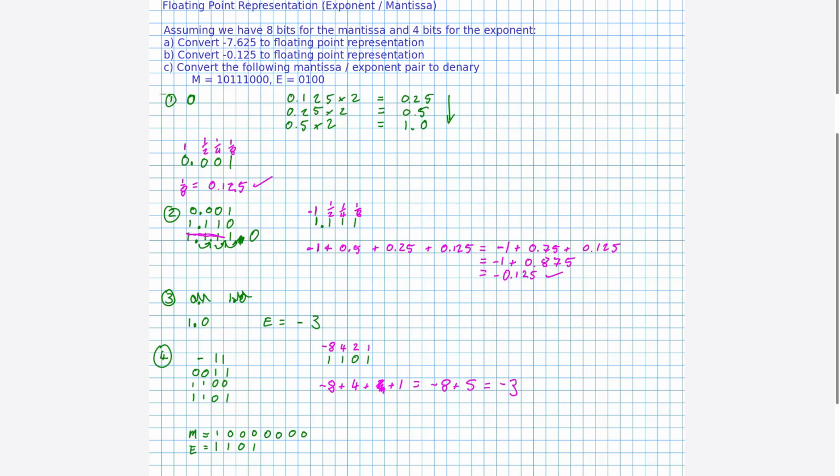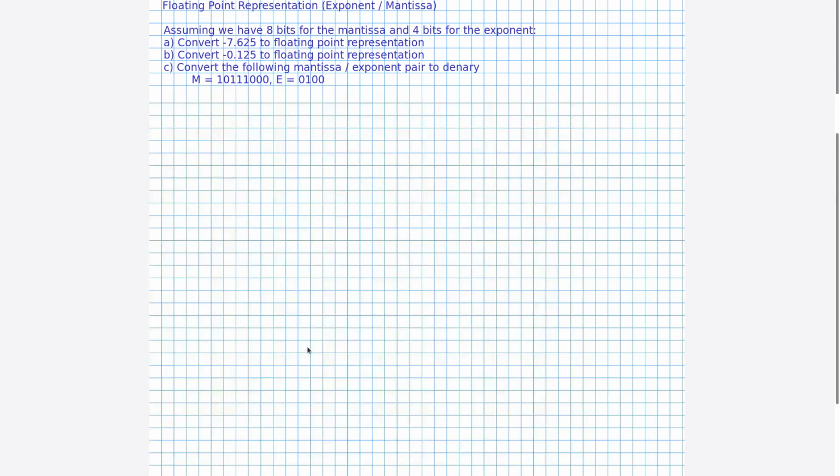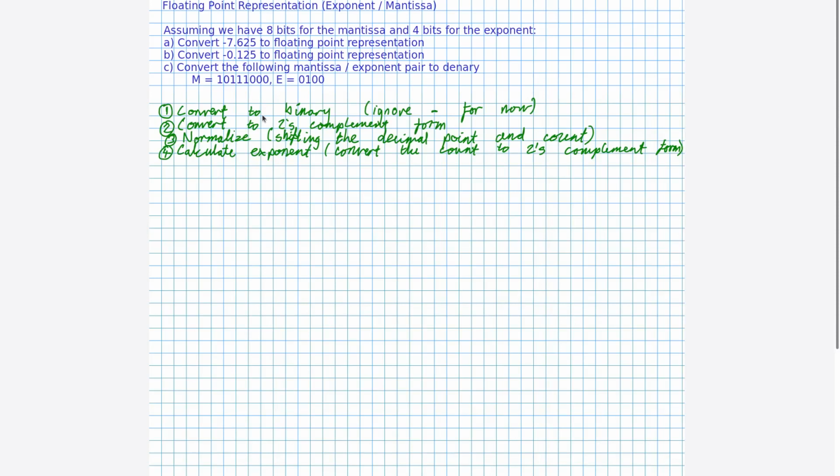Next question is question C. Convert the following mantissa exponent pair to denary. So in order to do it backwards, you could do these steps backwards, but it would be much faster to just do it in the following way.